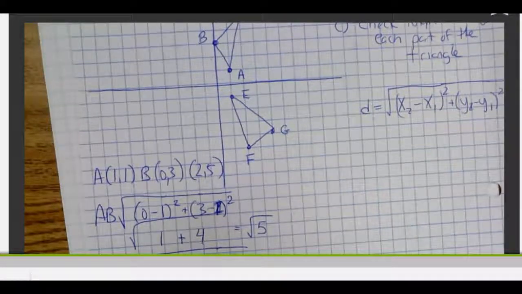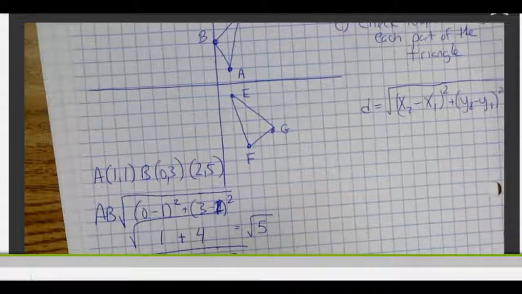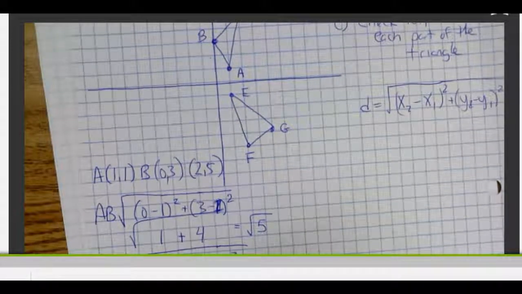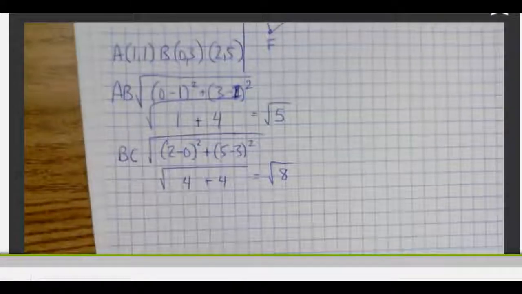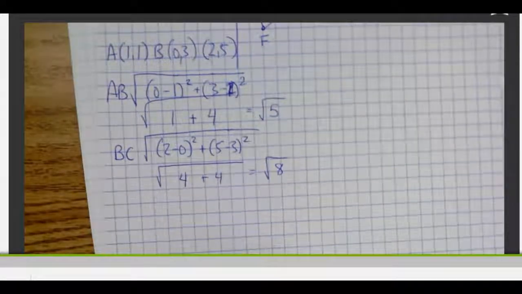That's going to give us 4 plus 4, so it's going to be the square root of 8. Oh, I'm sorry, I didn't show you that. You can see that there. I'll make sure you can see this.